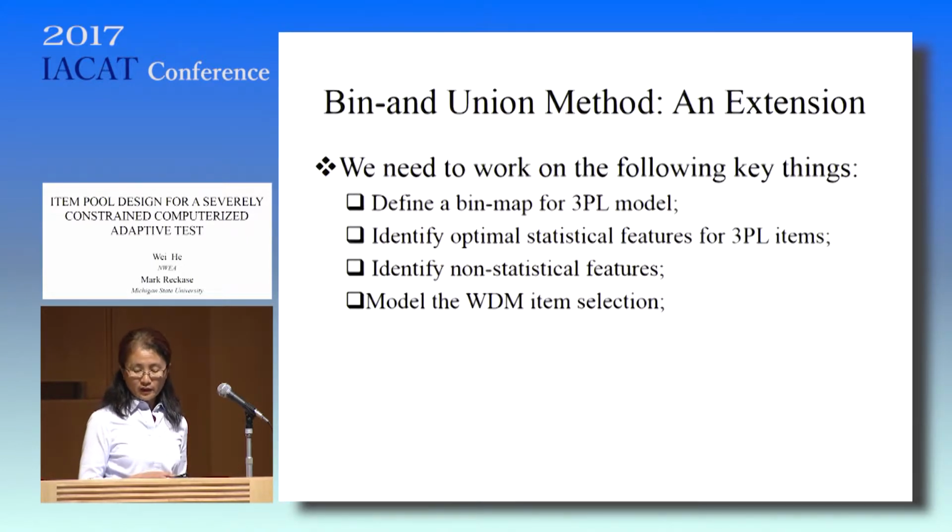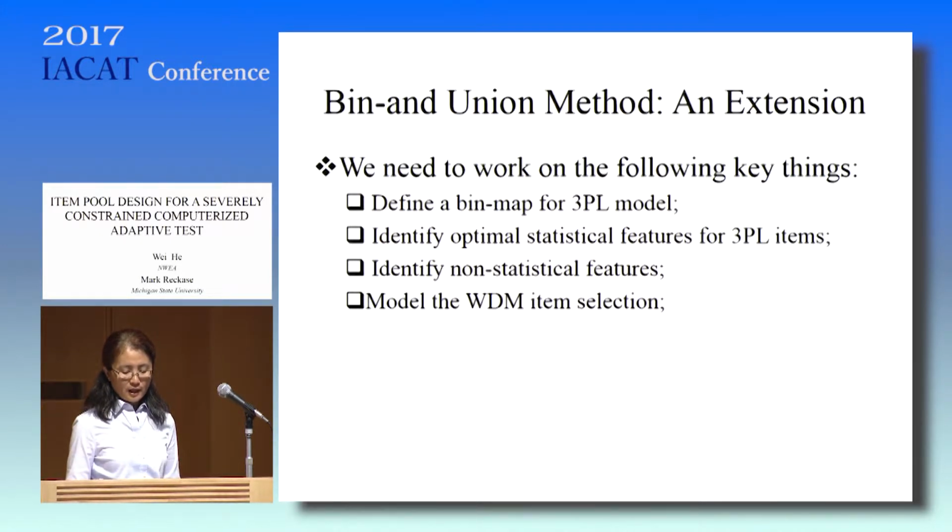How to identify optimal statistical features of the 3PL items, how to identify the distribution of the non-statistical attributes, as well as how to model the weighted deviation item selection. Now, I'm going to talk about how we take care of those key elements one by one.